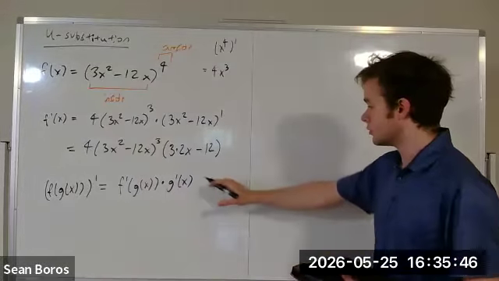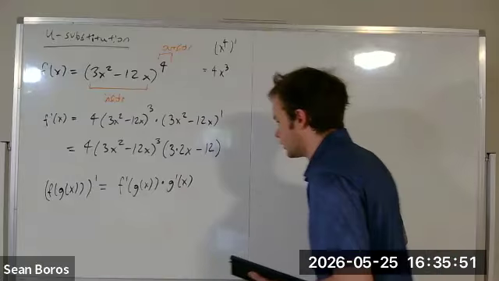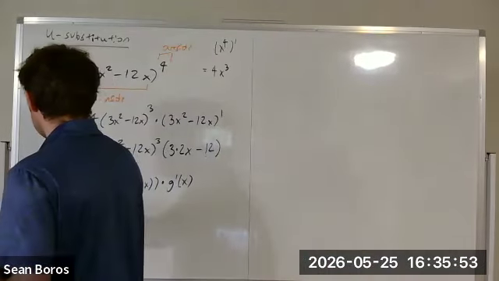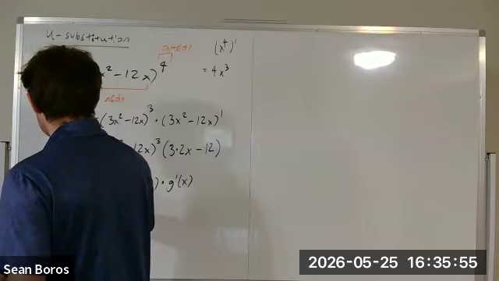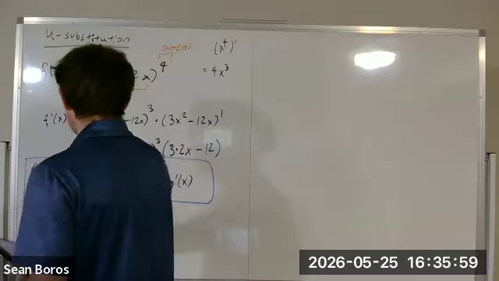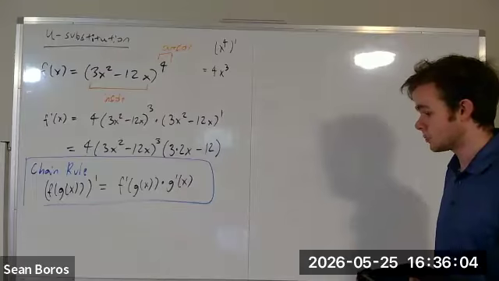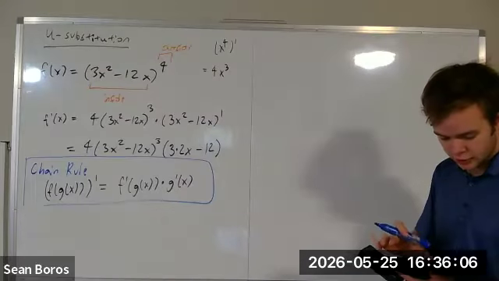Okay. So this is going to be our derivative. This is what we call the chain rule. So that's what we used in the above example to get that derivative.